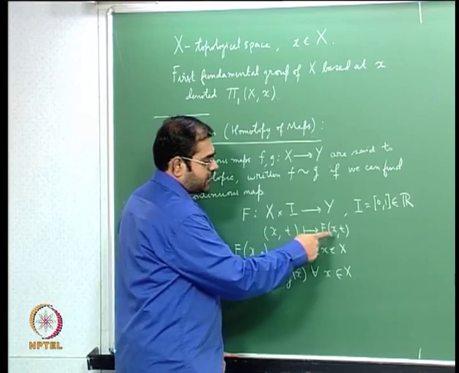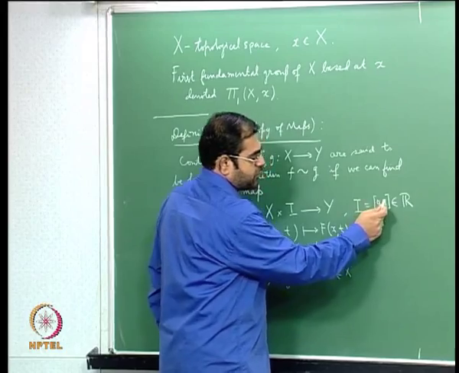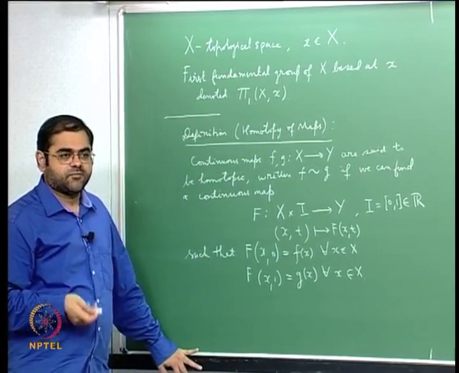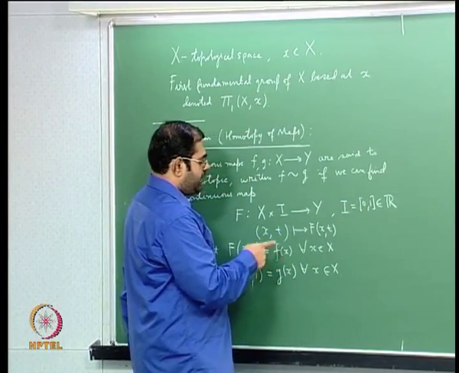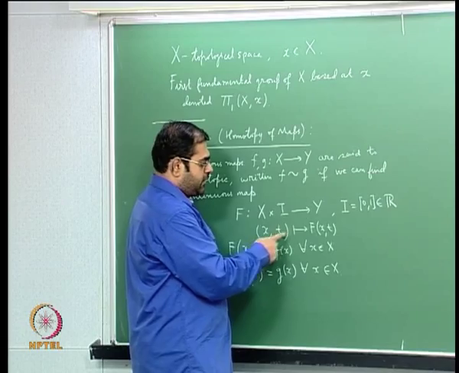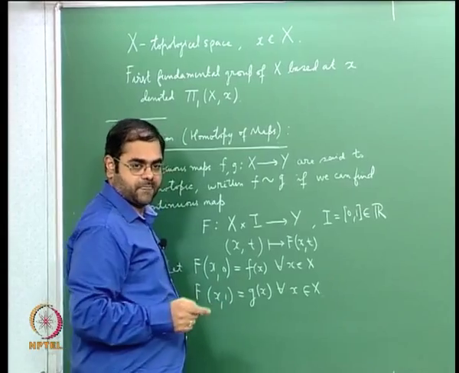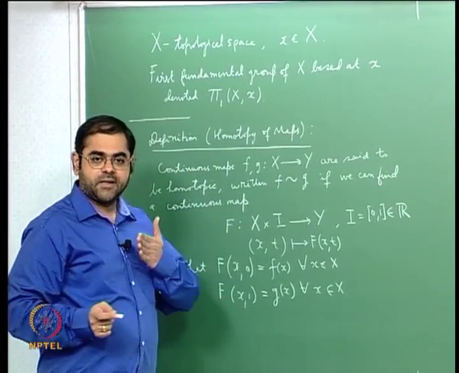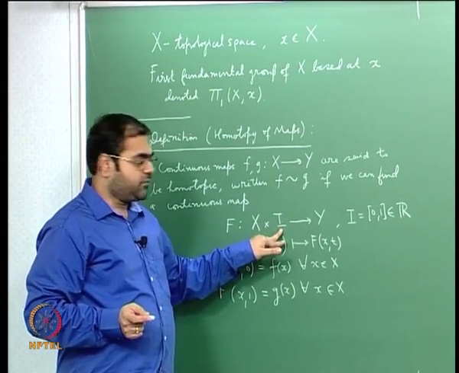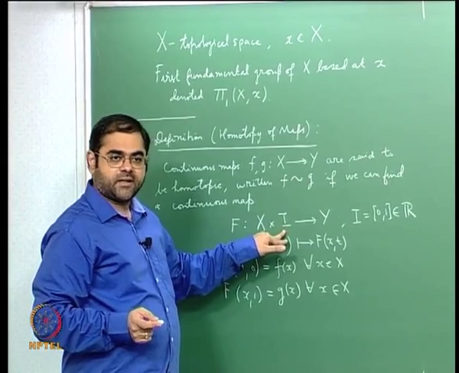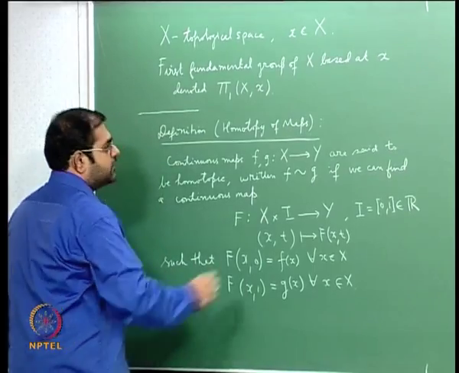You think of t as time, okay, and you think of t as time varying from 0 to, let us say, 1 unit of time, if you want to say 1 second. So as time varies from 0 to 1, for each fixed time, F of (x, t) will give you a map from X to Y. Okay, so what you are actually getting is a family of maps from X to Y if you think of t as a time parameter varying on the interval.